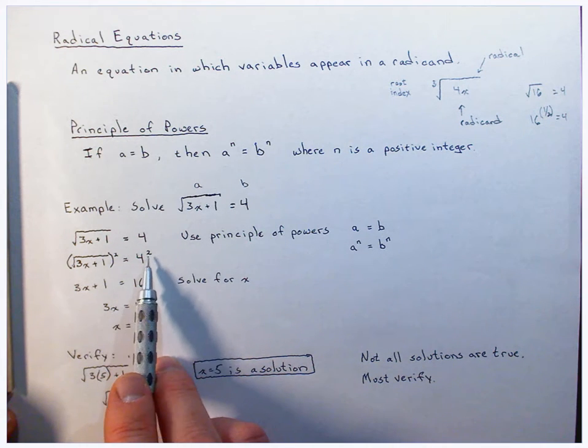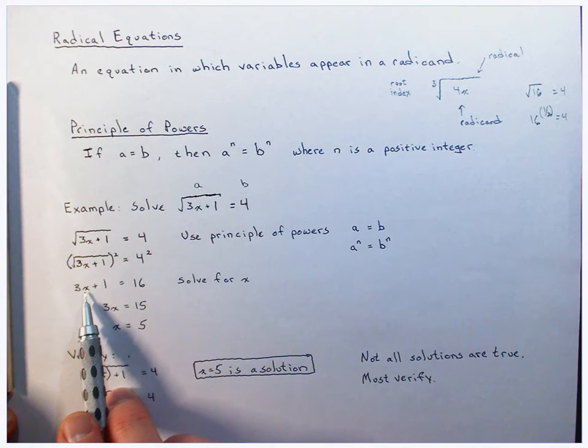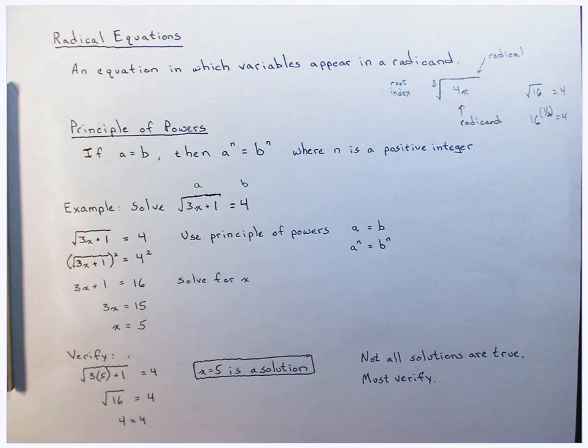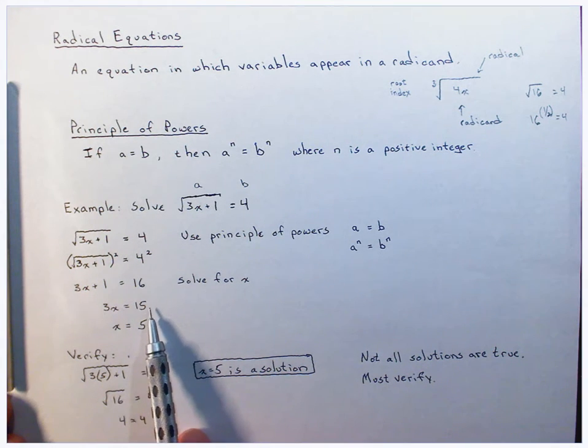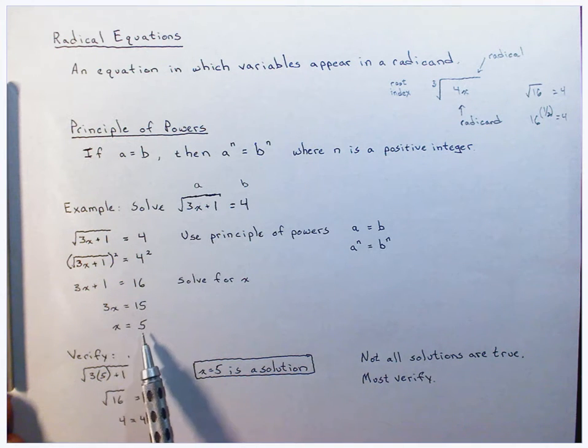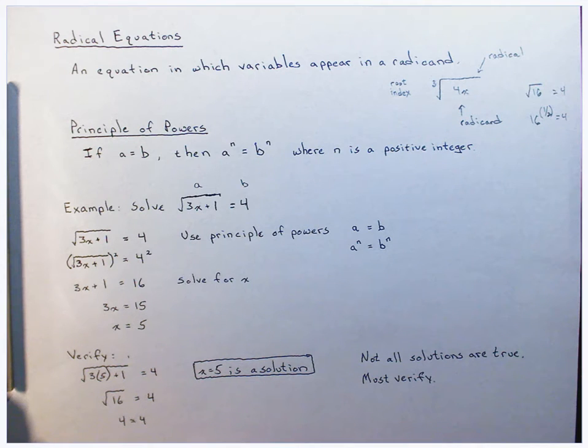So when squaring both sides, I now just have a basic two-step equation. Subtract 1 from both sides, and then divide both sides by 3. I end up with x equals 5. With our rational equations, we had to verify our solution to make sure it's true.